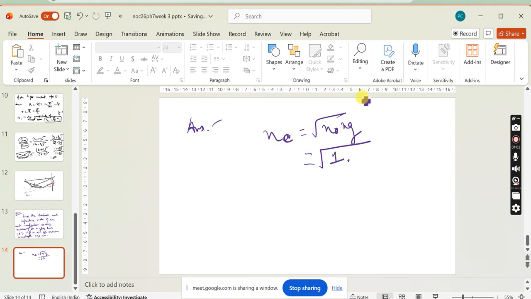So n_0 is 1, and the glass lens's refractive index is given as 1.5. So n_c is root 1.5, that is 1.225. So we got the refractive index of the coating. And the required thickness t is lambda by 4.